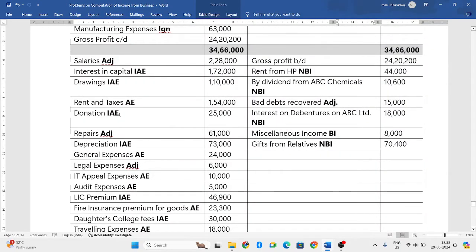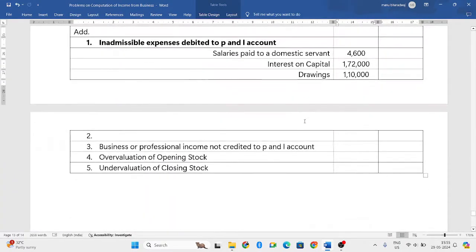Next, donation 25,000, it is completely inadmissible.